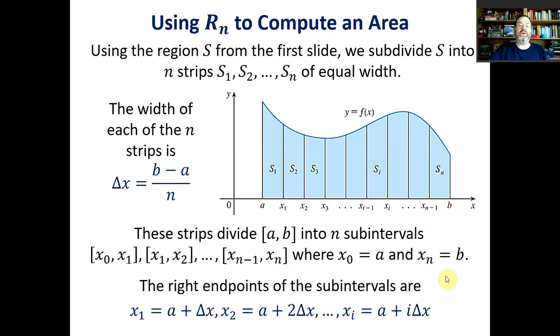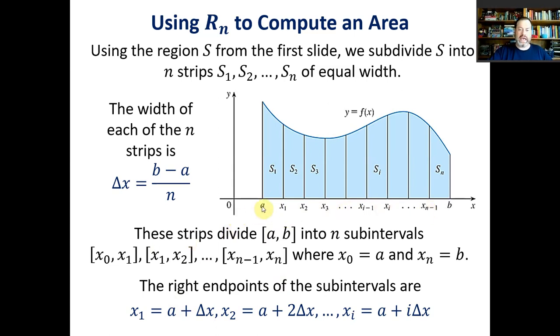So for the right endpoints of each of the subintervals, what is x1? How do we find x1? Well, delta x is the width, so it's just a plus delta x. What about x2? We could say it's x1 plus delta x, but we don't want to use these intermediate values to compute each other.